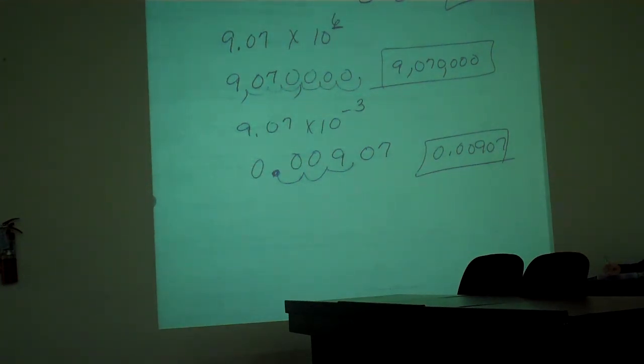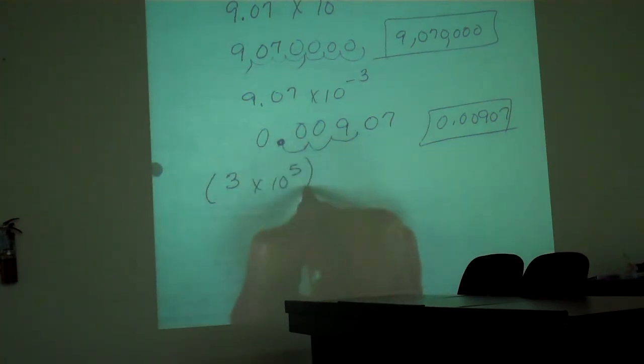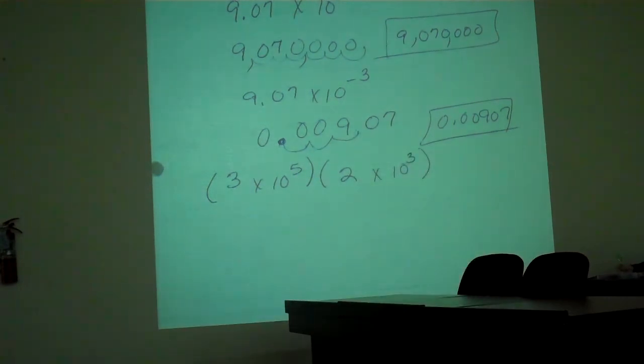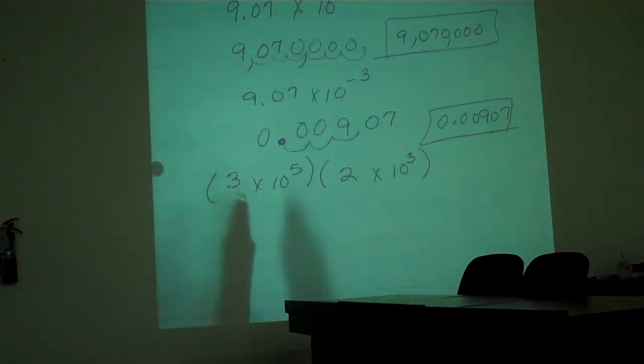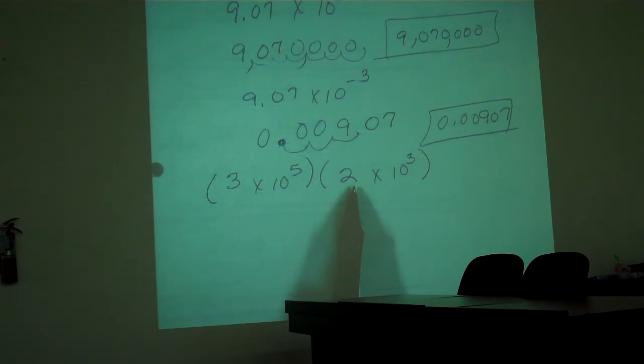Okay, now let's go like we're multiplying. If we had 2 numbers like 3 times 10 to the 5th power times 2 times 10 to the 3rd power. This would be like 300,000 times 2,000. Instead of doing it like that, it's easier to do it like this.